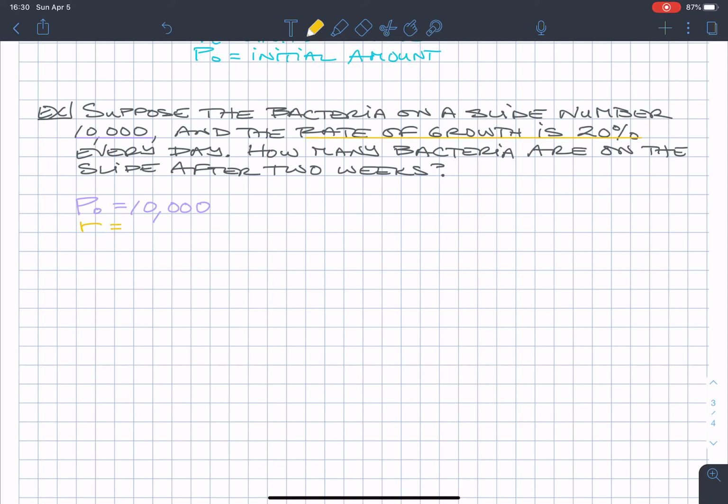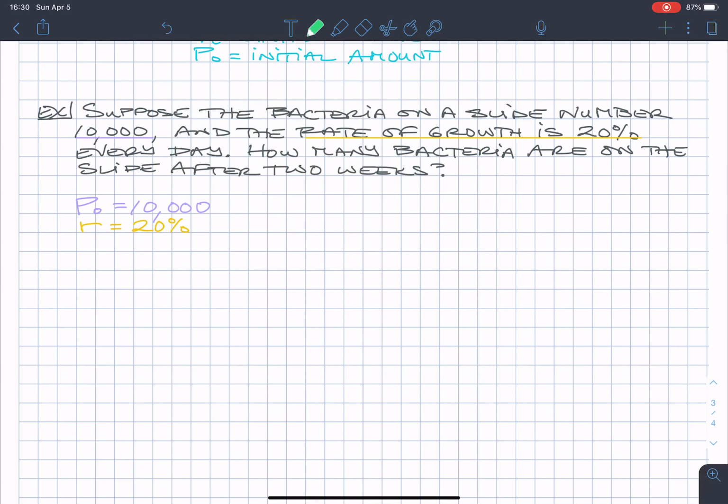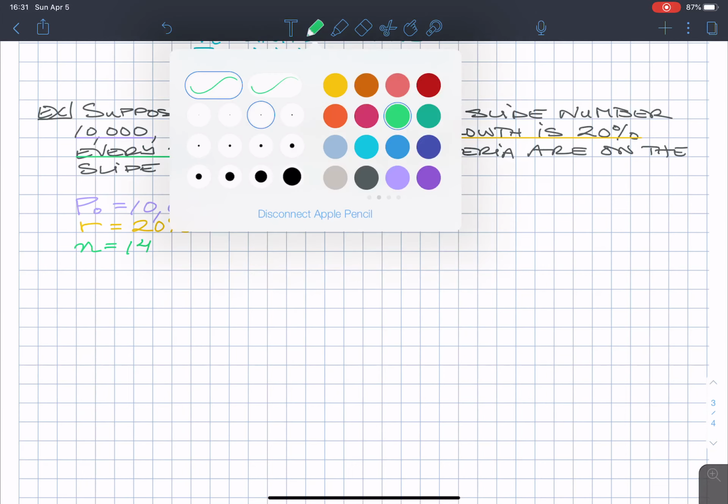So little r is 20%. N, so 2 weeks. And since we count this rate every day, how many days are in 2 weeks? That's 14.